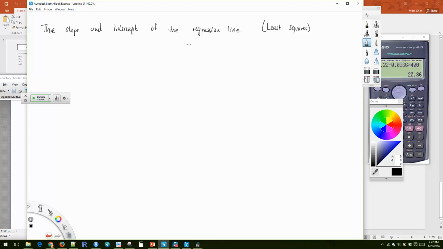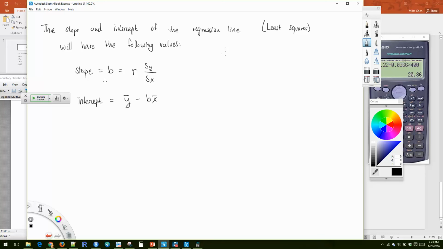The slope and intercept of the regression line will have the following values. Okay, so the slope, the symbol we use for slope is b, and this is going to be r s_y over s_x, okay? And the intercept, you've got to find your slope first. It's going to be y bar minus b times x bar, okay?